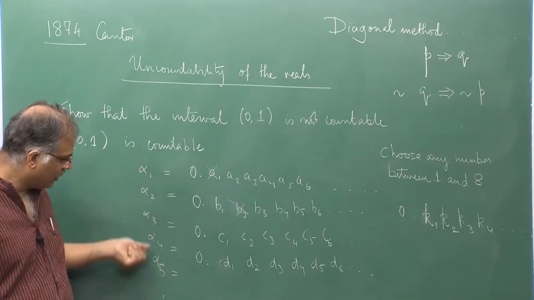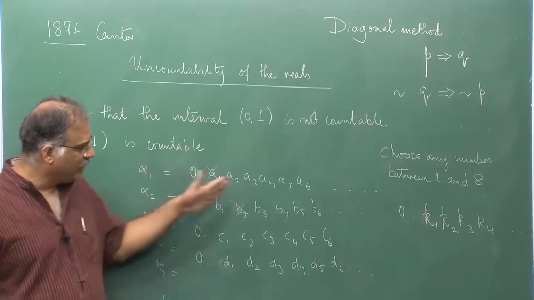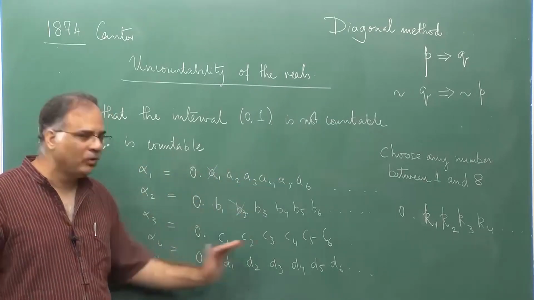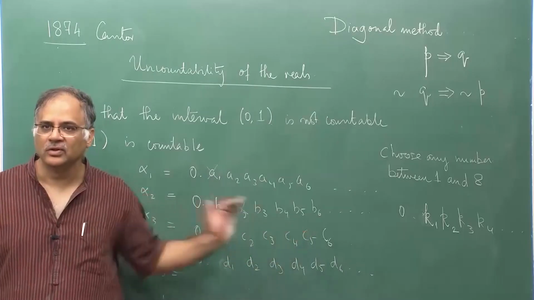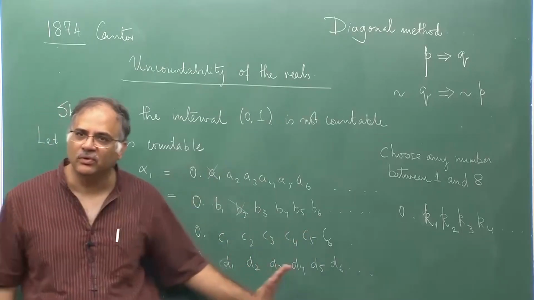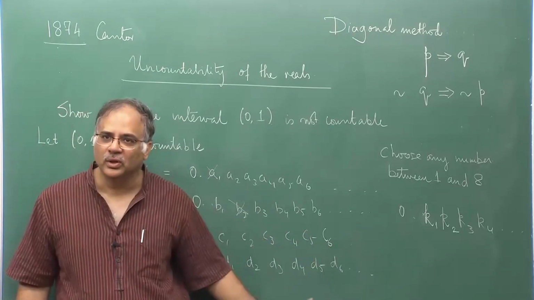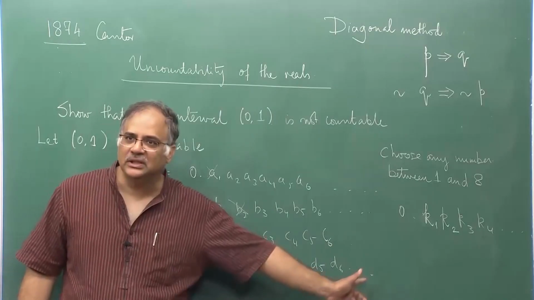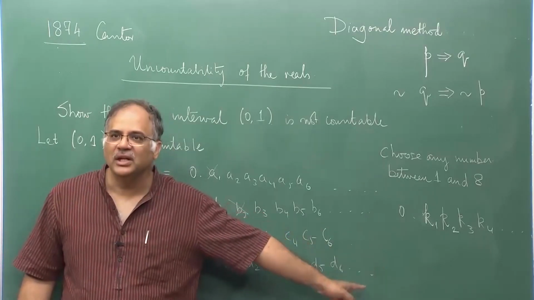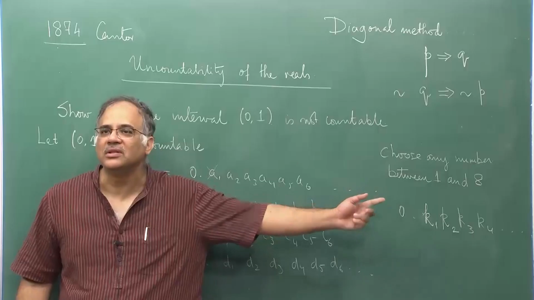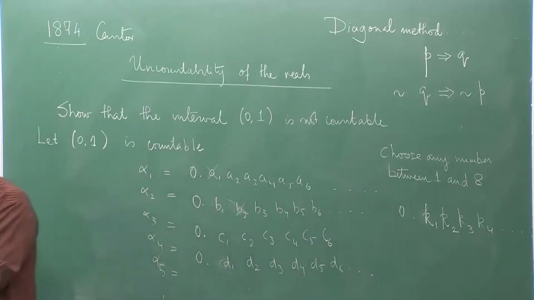These are all countable, so we have expressed everything in the form of decimal. So 1/3 here is also expressed in the form of a decimal. So when you come to that 1/3, you have 33333333, immediately you will cancel a 3 and put something else. So that number cannot be repeated.